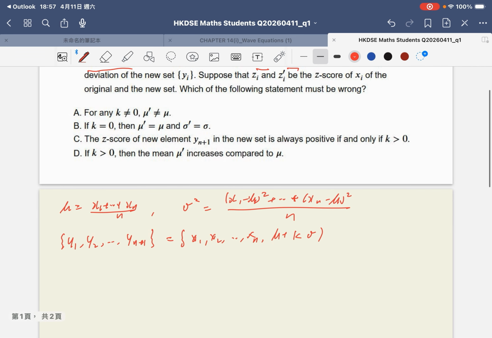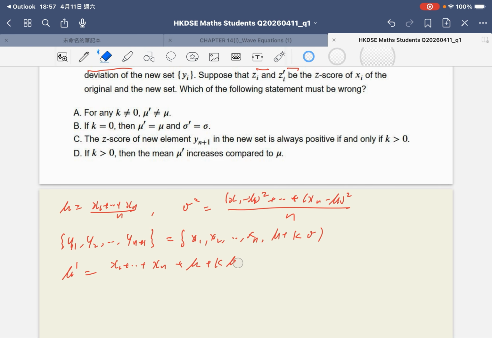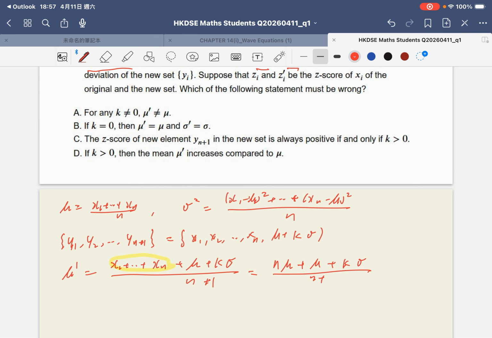Now let's first calculate the mean. That means (x1 plus ... plus xn plus mu plus k sigma) over n plus 1, because there are n plus 1 data. And the sum of the x's is equal to n mu. That means these can be combined together, n plus 1 mu, then separate that into two parts.